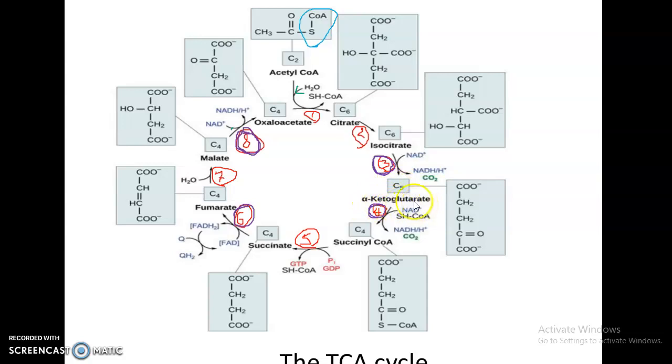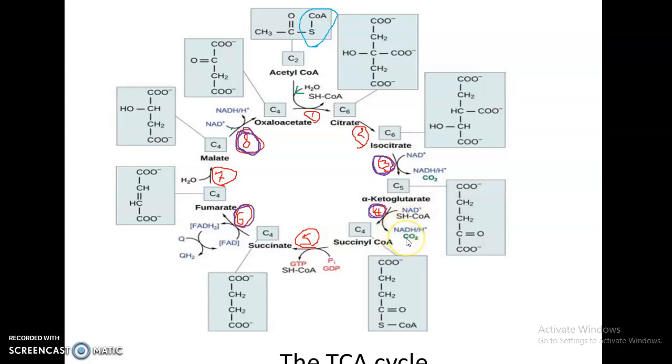alpha-ketoglutarate. Again, in this step, alpha-ketoglutarate will be converted into succinyl-CoA, and here also there is a reduction of an NAD molecule. This one is oxidized, then it will be reduced into an NADH molecule. Again, here is coming in of CoA.